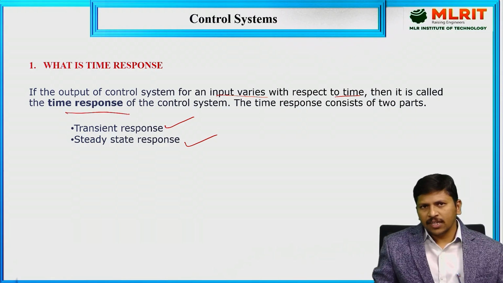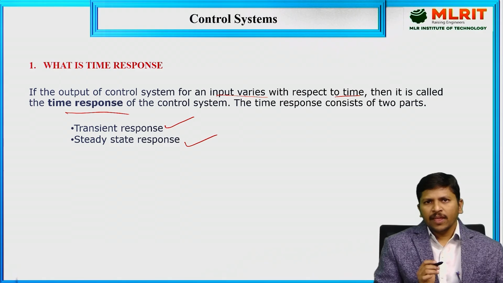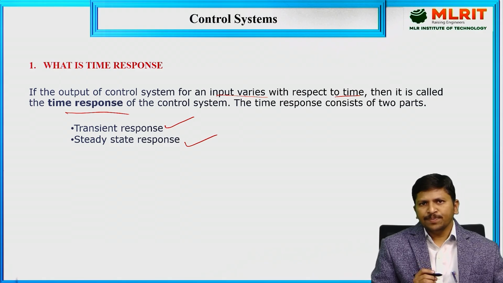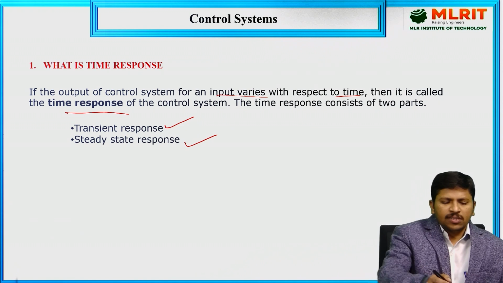Another definition: if the output of any control system for an input varies with respect to time, then the system output is known as the time response of the control system.